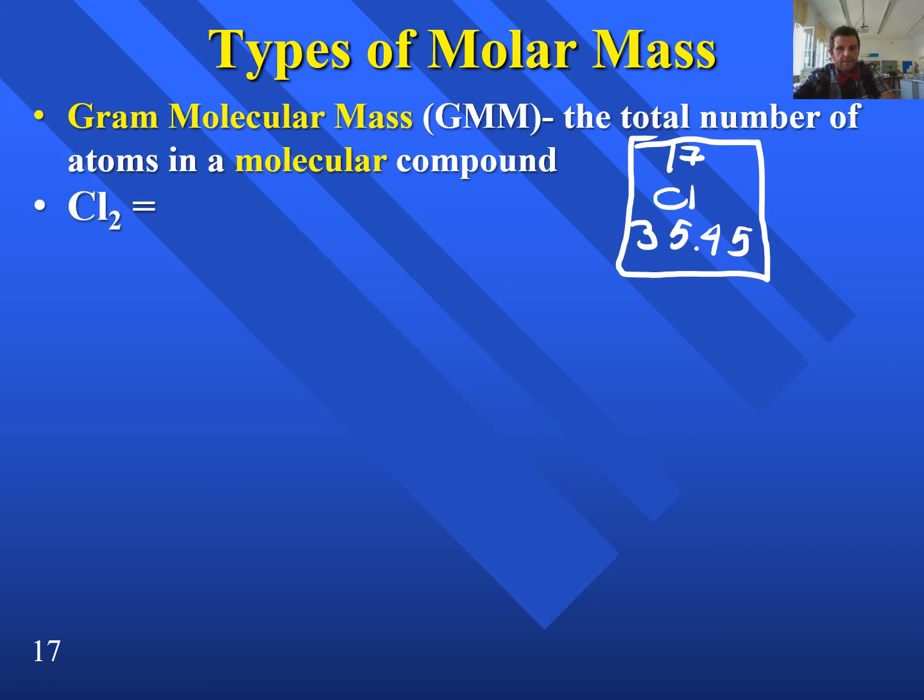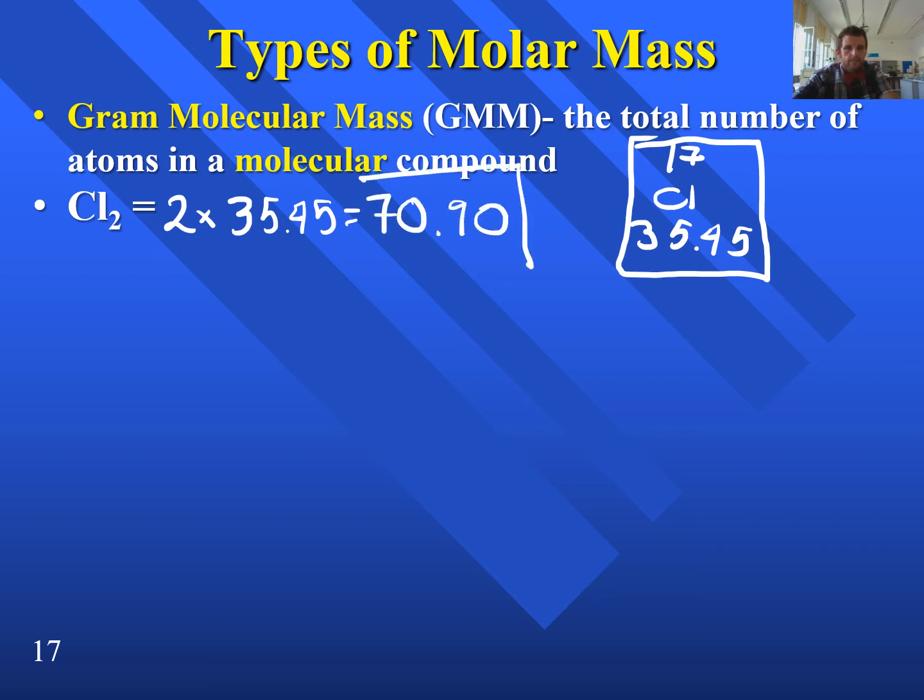If I was doing Cl2, I would just do 2 times chlorine, because there's 2 chlorines there. 2 times 35.45, and you end up with an answer of 70.90. So that's how many grams per mole there are. You need 70.90 grams for every 1 mole.